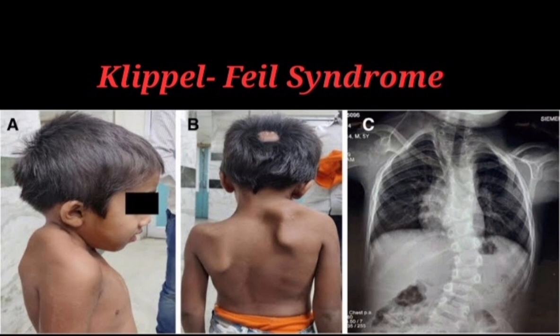Look at the neck, there is cervical fusion. And on the back, I am looking for scar, scoliosis, kyphoscoliosis, and spinal deformity. The scapulae, one is higher, one is lower in position, short neck and short stature, and low posterior hairline. In inspection I'm looking at this.